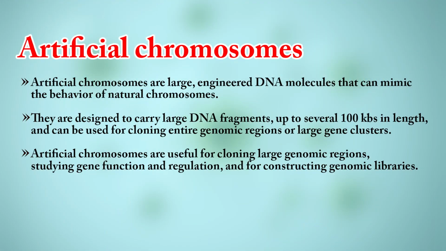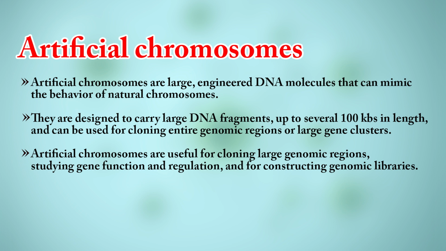This is the era where we are attempting to clone the genomes of various organisms to identify and study particular gene segments. The entire genomic regions, or large gene clusters, have to be cloned. This is the objective of genetic engineering and the genome projects, where we try to clone entire genomic regions for various studies related to genes and to create genomic libraries.